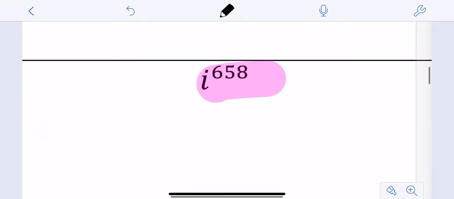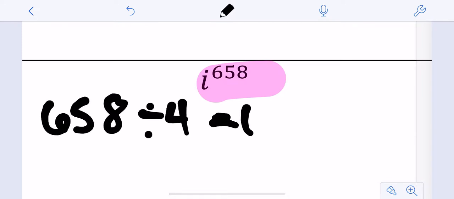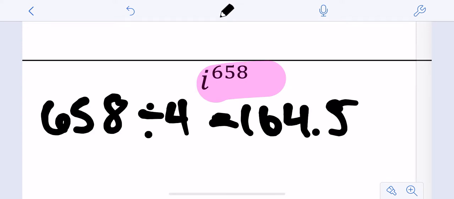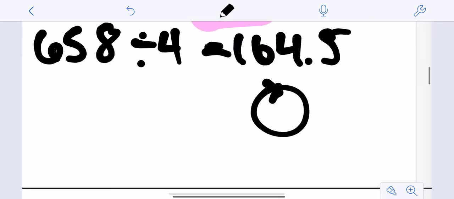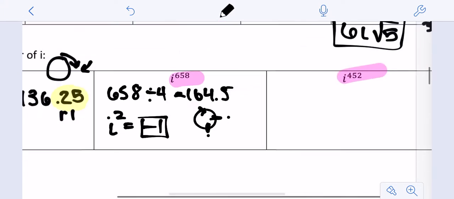This works the same for 658. So if I do 658 divided by 4, I get 164.5. So this would go around our cycle 164 times and then go halfway around the cycle again, which is 1/4, 2/4. So this is the same as i squared, which is -1.